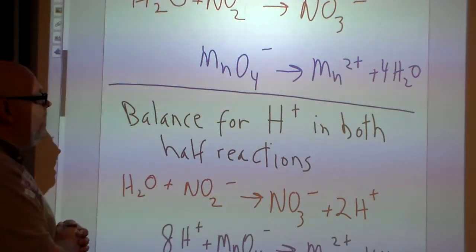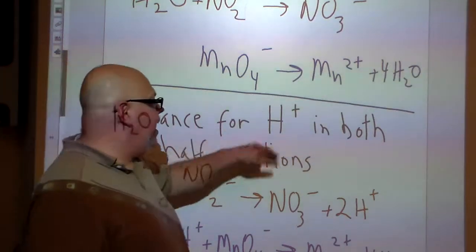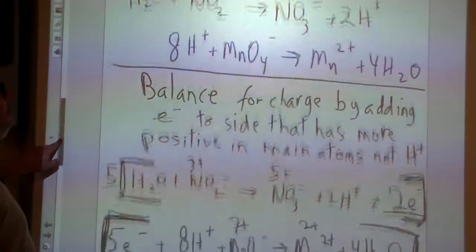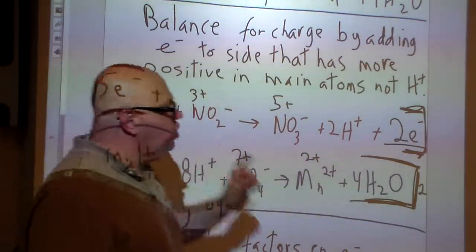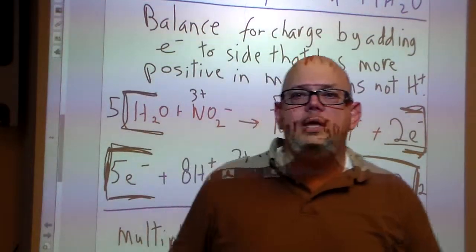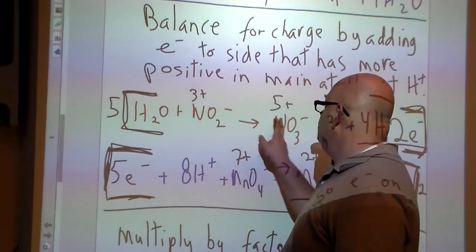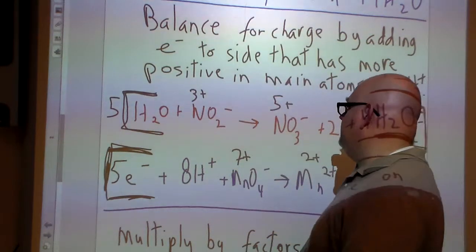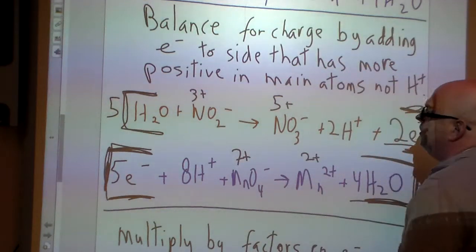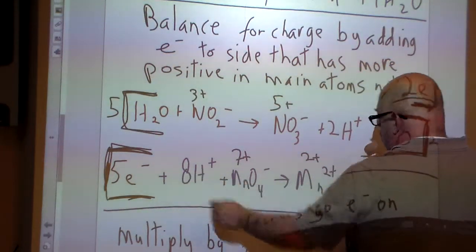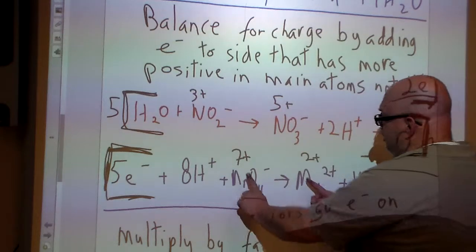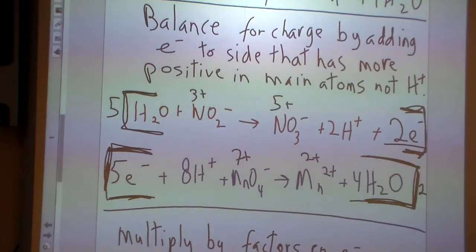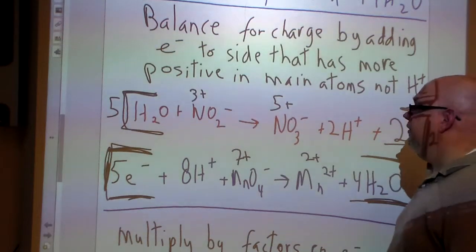Then, to account for the hydrogens, we add hydrogens in both half reactions. Then we need to balance for the charges. What charges are we talking about? The charges on the nitrogen and the charges on the manganese, the main serious parts. You're not trying to cancel out the charges of the hydrogens, you're trying to cancel out the charges here, because they're the players. They're the ones that make the difference.